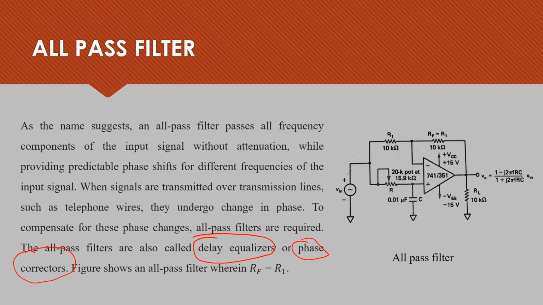This figure shows an all pass filter wherein RF is equal to R1. The output V0 is (1 minus j2πfRC) over (1 plus j2πfRC) times Vin. You can see here the amplitude remains the same, but the phase changes.